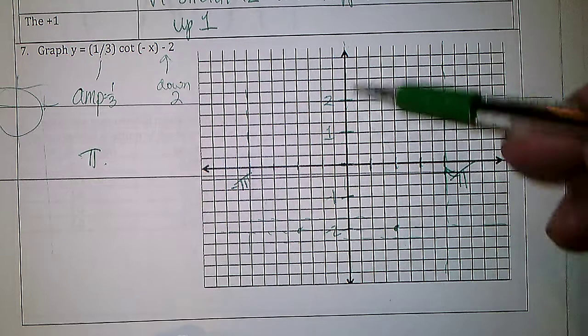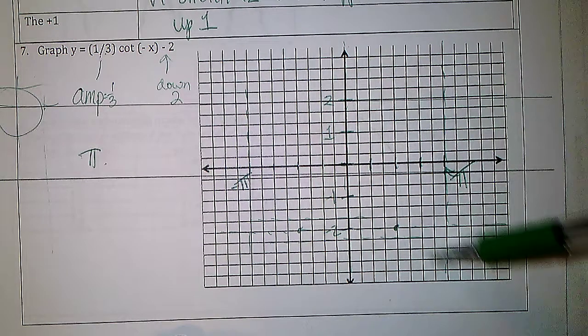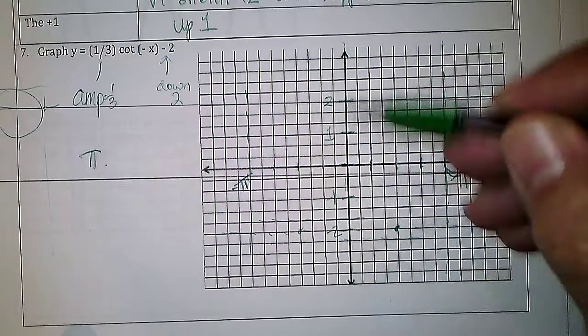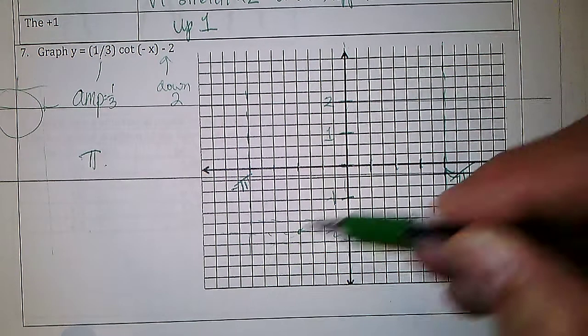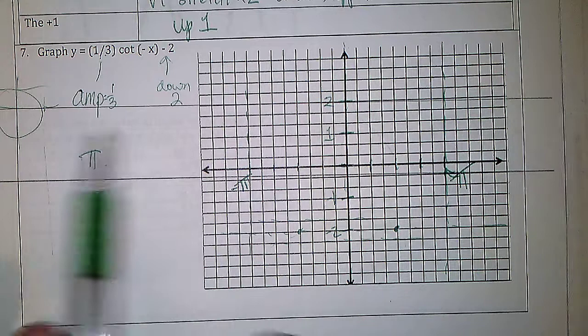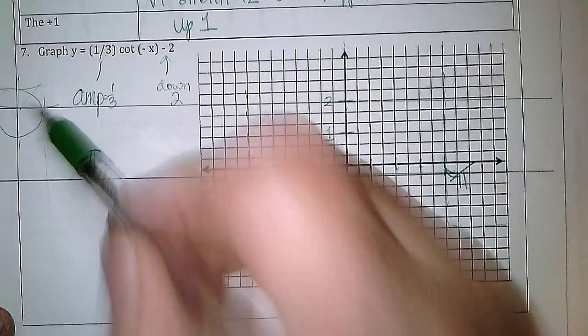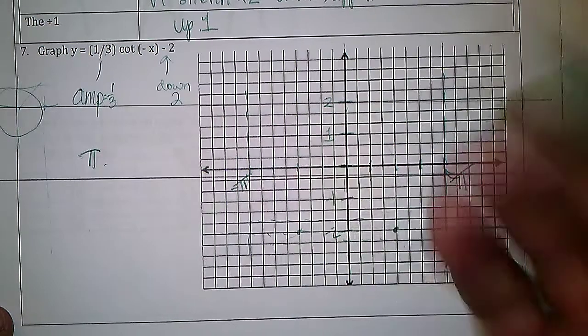Normally it would go from here, wiggle and go down, but we flipped it over, so I'm going to go from here and wiggle and down. And at a quarter of the period, it's 1.